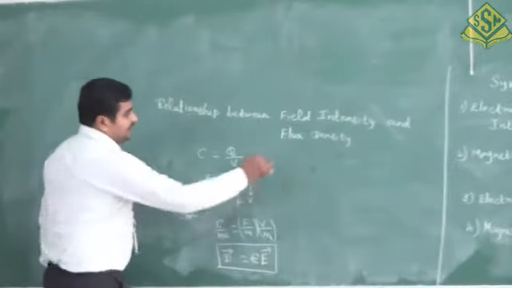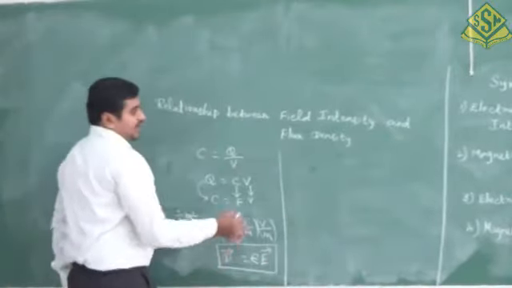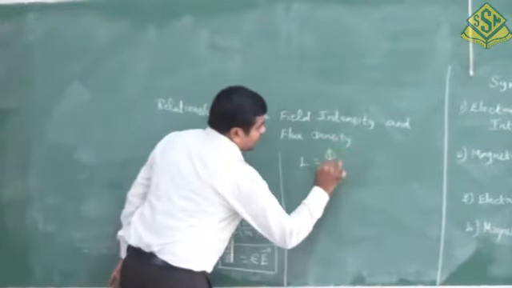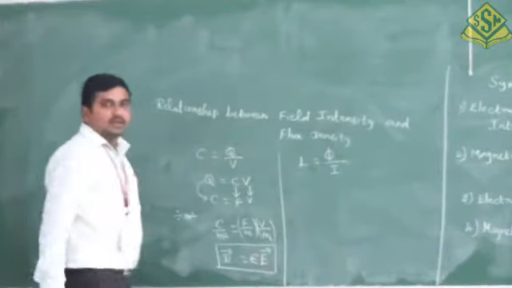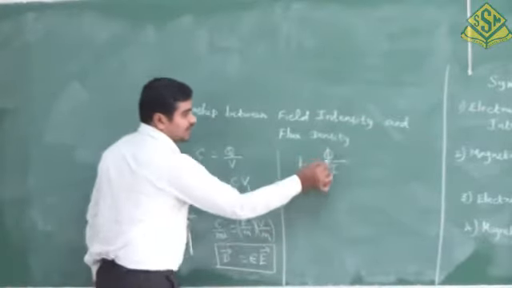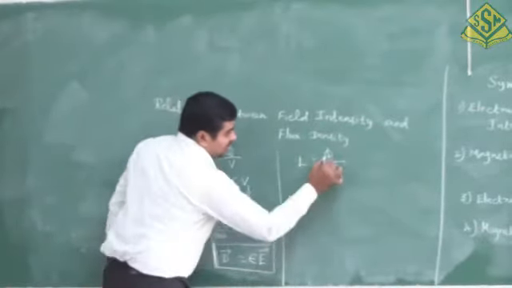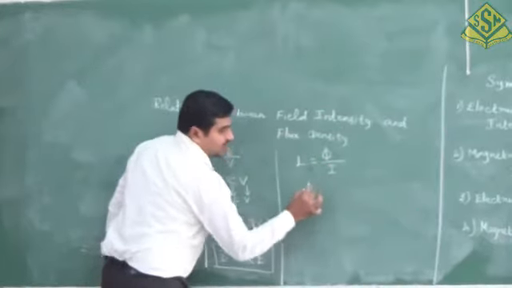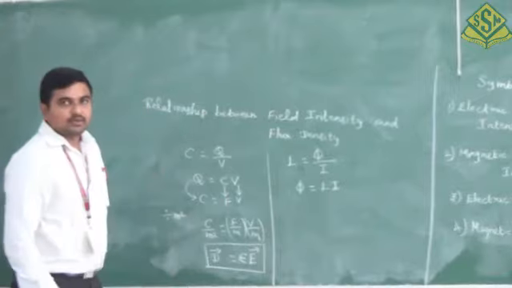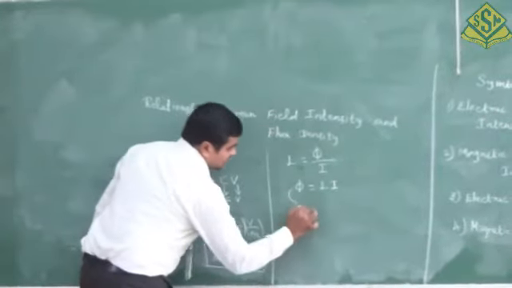And then for magnetic field we have this formula, inductance L equals phi by I, that is magnetic flux per current. From this we can get phi is equal to LI. Its unit is Weber.